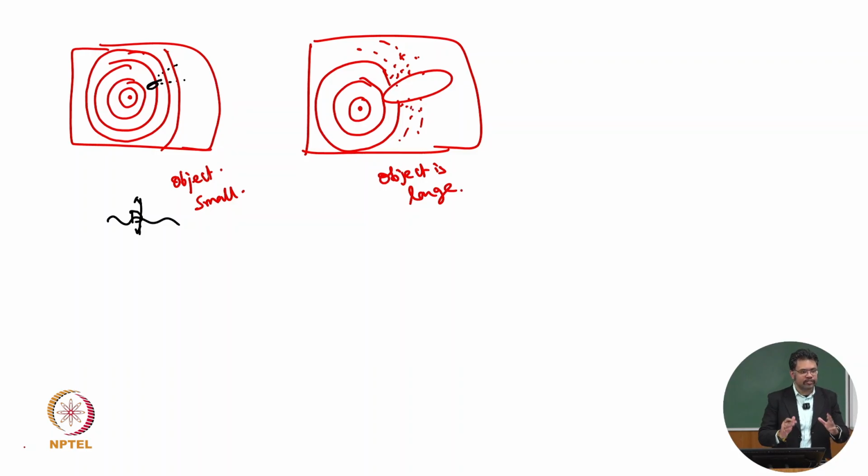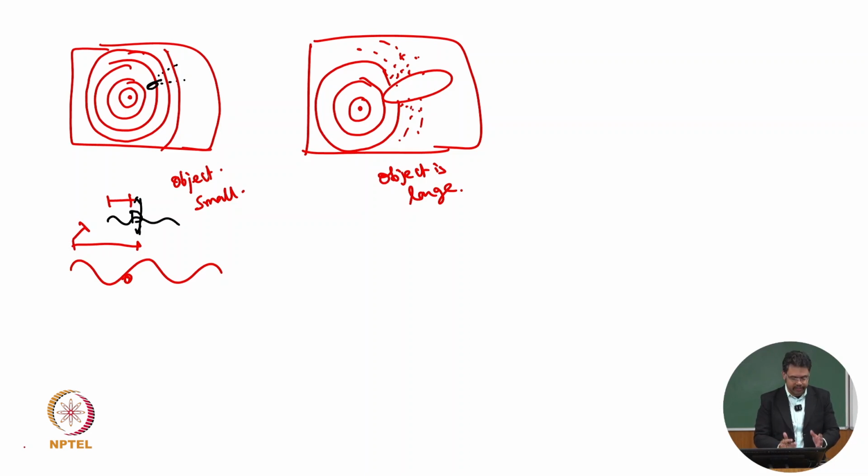What can we say more scientifically? This is my wavelength, like a wave is going, so this is my wavelength. Now if the size of the object is, let's say this much, which is very much less compared to the wavelength, let's say this size is d, wavelength is lambda, suppose d is quite less than lambda, then what will happen?